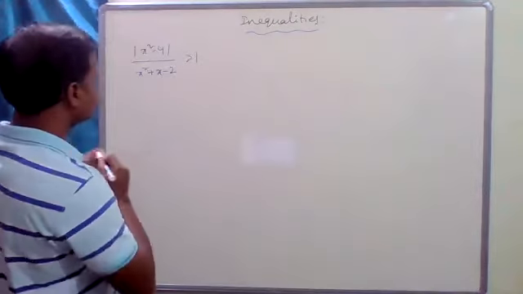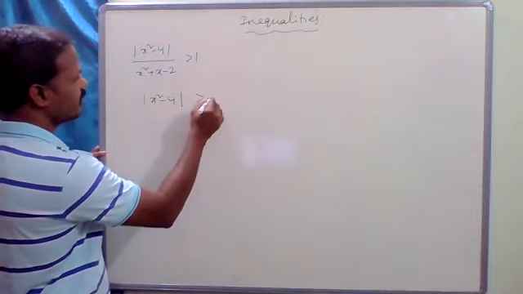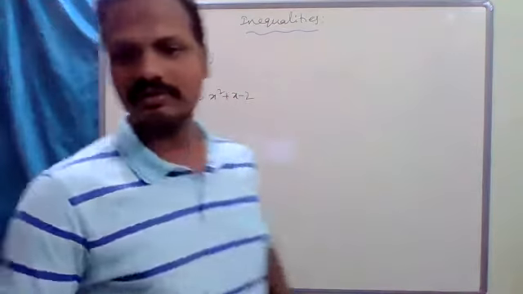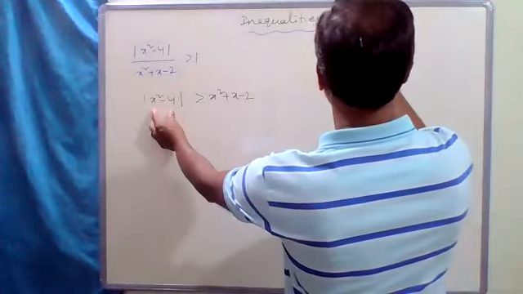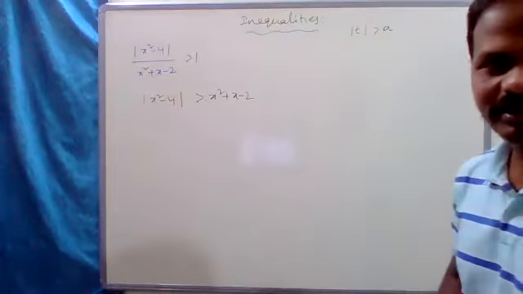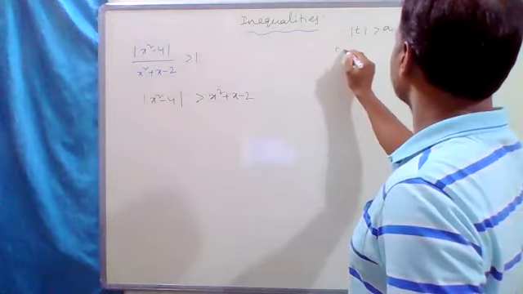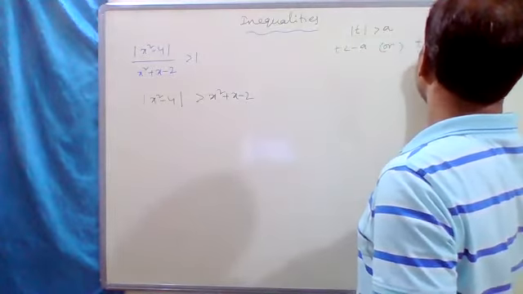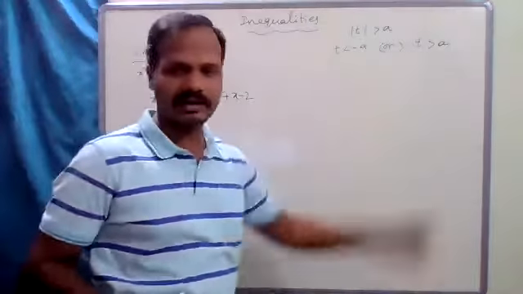So this can be written as modulus x square minus 4 is greater than x square plus x minus 2. Now say this is t. So mod t is greater than a. Let it be a. Mod t greater than a means you have to take t less than minus a or t greater than a.